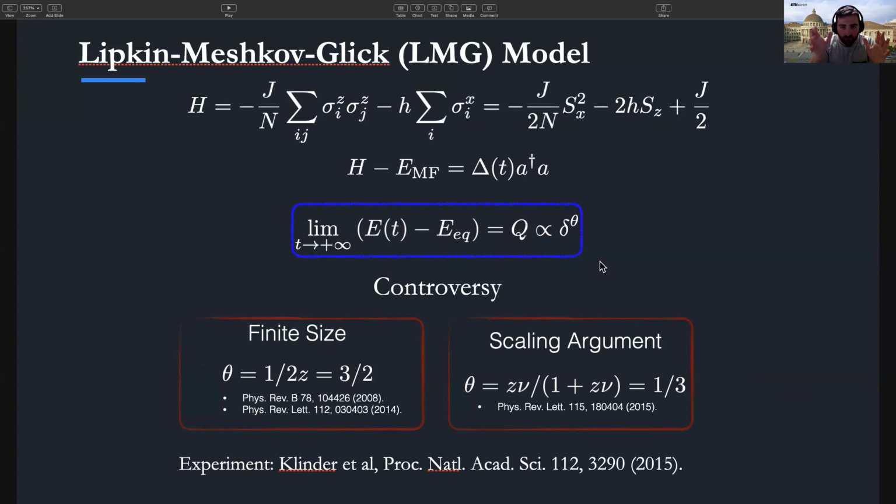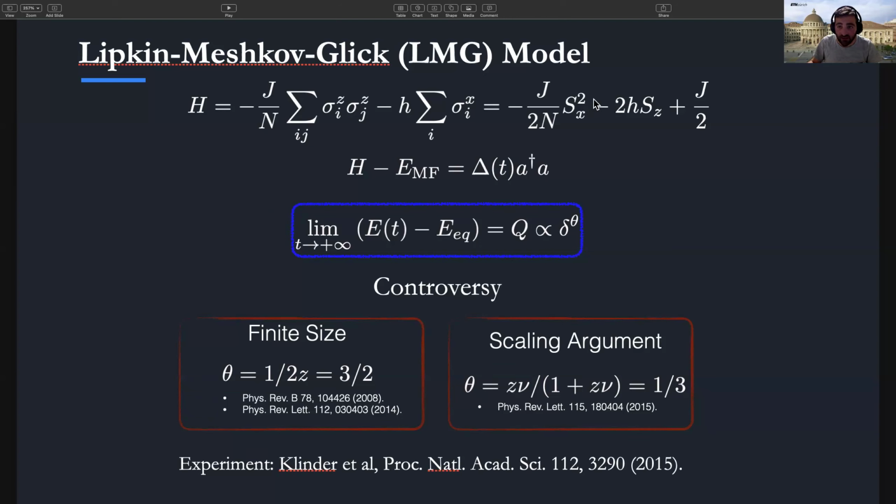Okay, so first of all, let me say a few words. Why is this problem interesting? The problem started to be interesting for us because we noticed that if you take the arguments of the previous paper that I've shown you, that they all agree for the Ising model, if you take the case of a fully connected Ising Hamiltonian, exactly the same Hamiltonian as I said before but with alpha equal to 0, all spins talk to any other with the same ferromagnetic interaction strength.